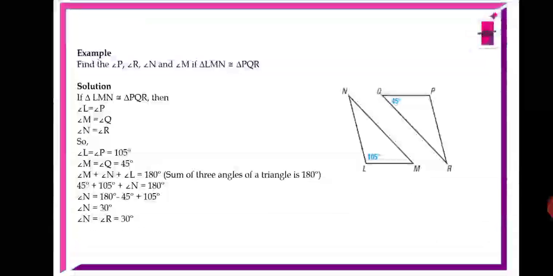If triangle LMN is congruent to triangle PQR, then angle L equals angle P, angle M equals angle Q and angle N equals angle R by CPCT. So L equals P equals 105 and M equals Q equals 45. By that you can find the unknown angle N in triangle LMN. You will get 30 degrees, and N equals R because they are congruent parts, so it is 30 degrees.